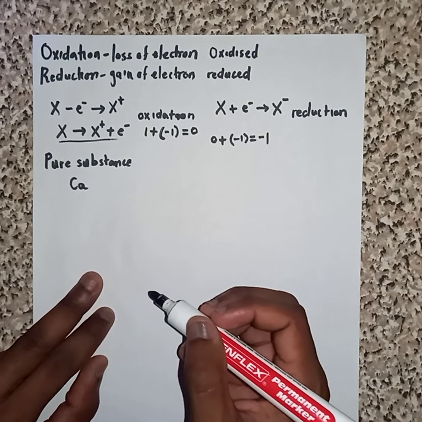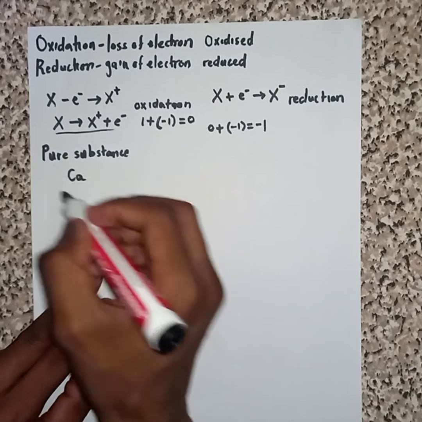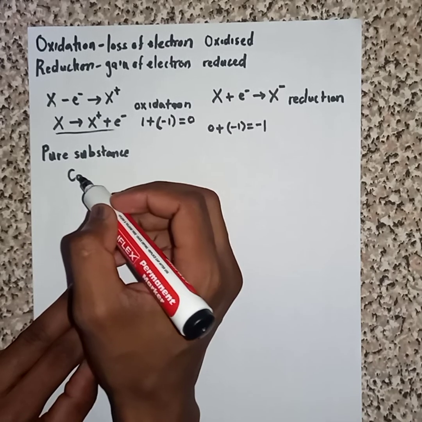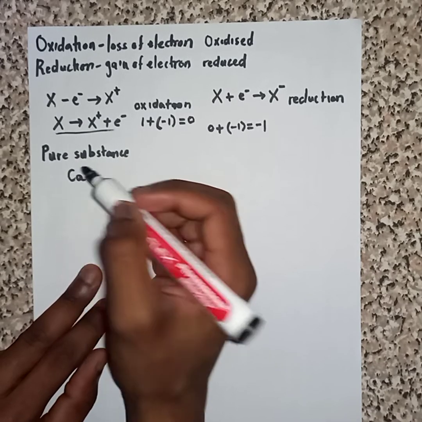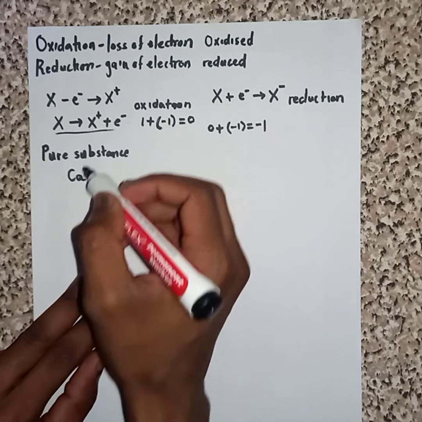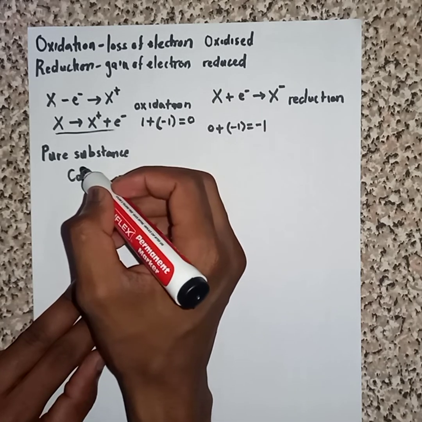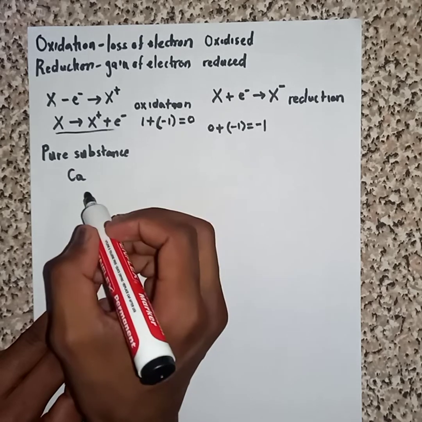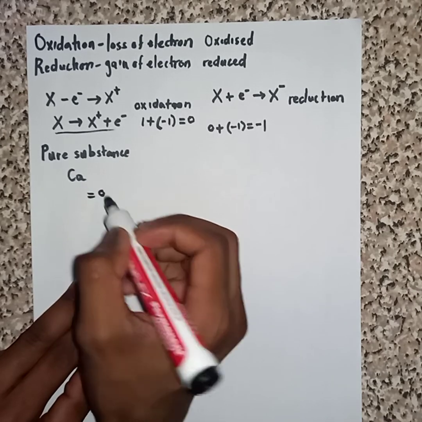It is so simple. Firstly, you consider the whole element. It has nothing there. No charge. It is neutral. Then you equate to 0.